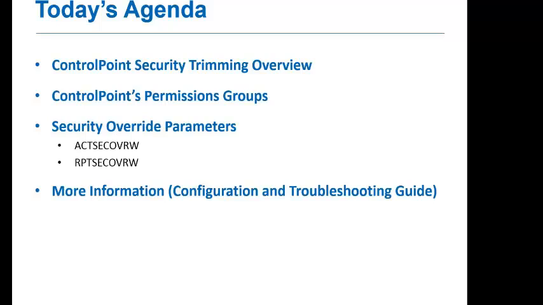The main difference between those two groups is that a group that's in the reporting override parameter will be able to run reports on any sites within ControlPoint, and the ActSecOvrW group will be able to perform any reports and any actions. Obviously, being able to perform any actions is a little bit more of a stretch.